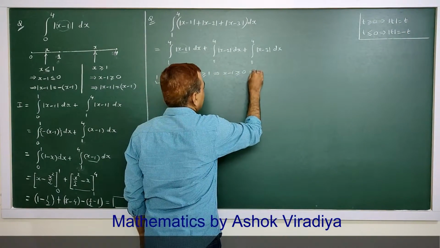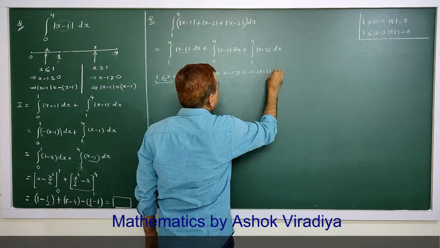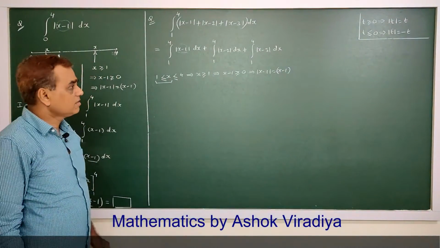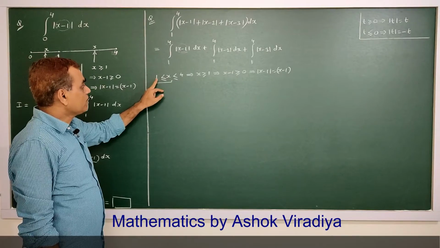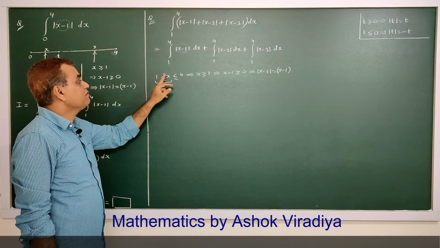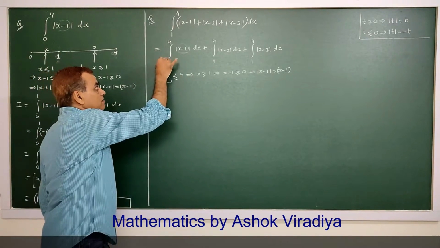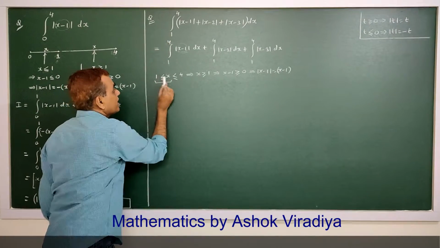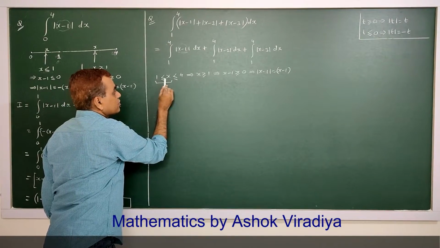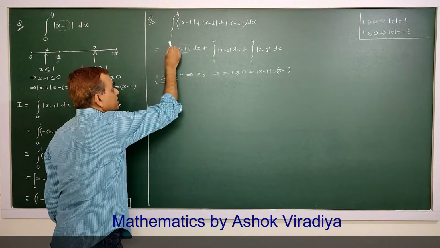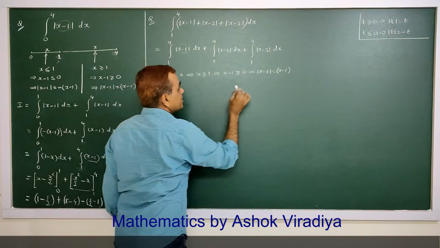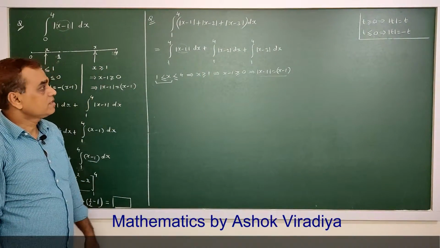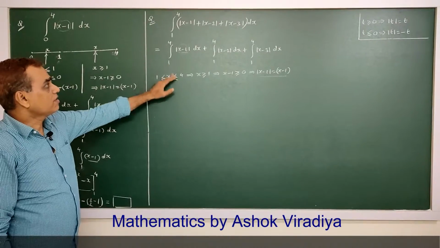So in this whole interval, when x is between 1 to 4, all x are more than or equal to 1. So all x belonging to this interval is satisfying this condition. So that is for this part.